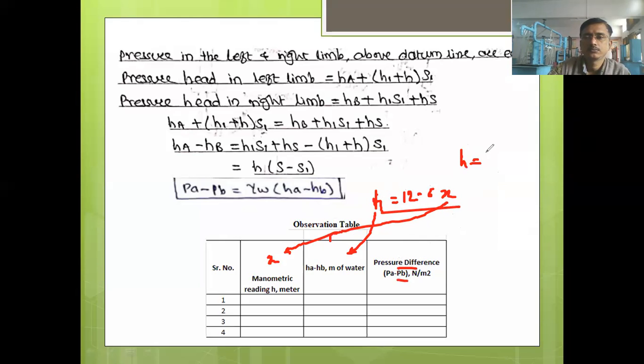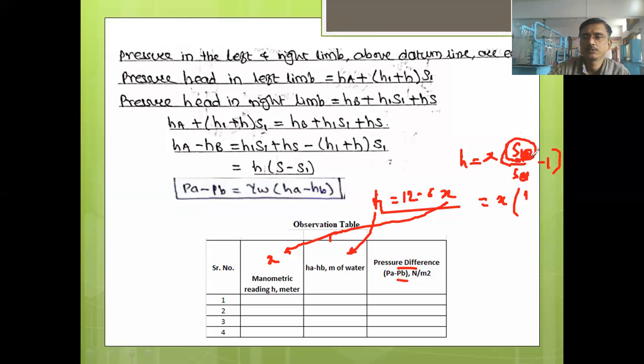H is equal to X into (SH upon S0 minus 1), where S0 is the specific gravity of the liquid. SH is here, S0 below.